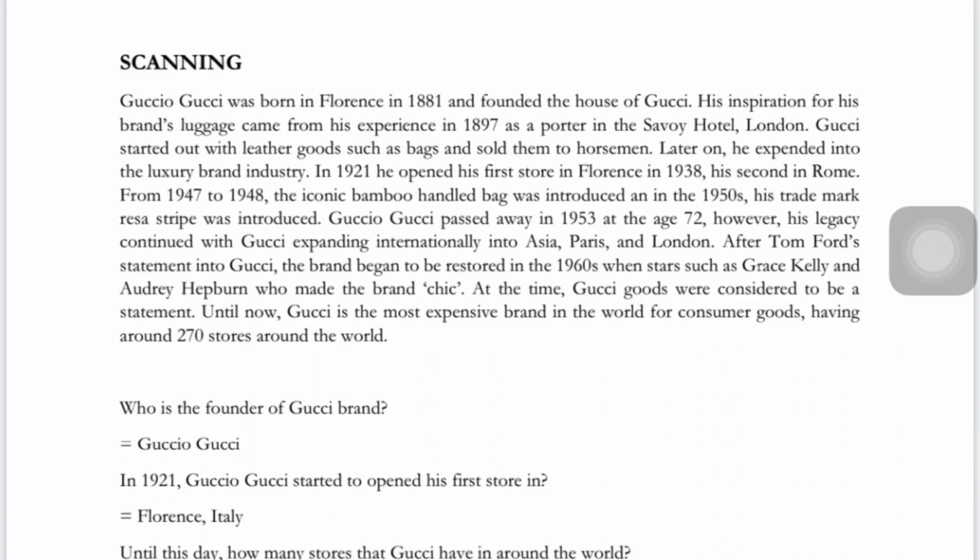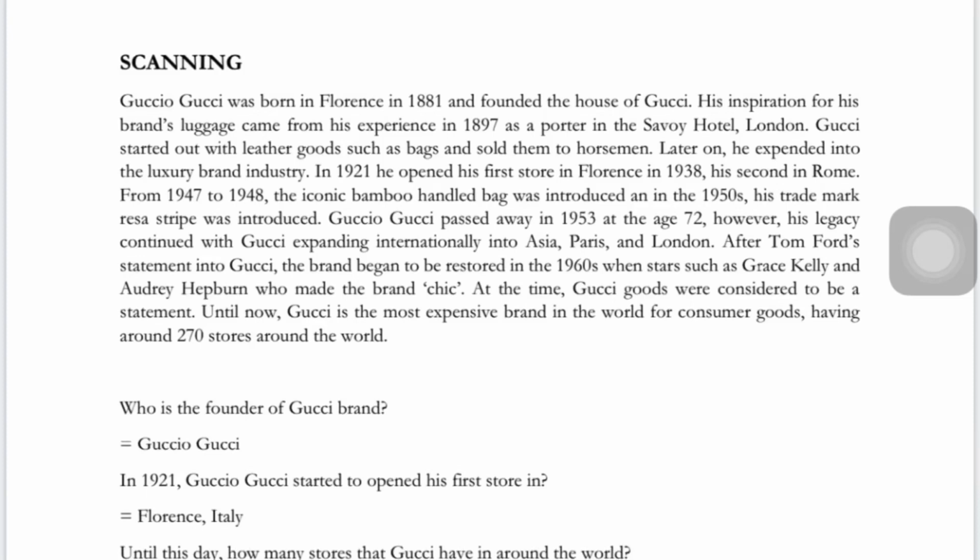In 1921, he opened his first store in Florence, in 1938 his second in Rome. From 1947 to 1948, the iconic bamboo handle bag was introduced, and in the 1950s, his trademark razor strip was introduced, and Guccio Gucci passed away in 1953 at the age of 72.